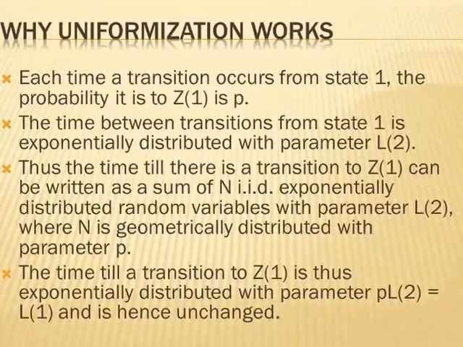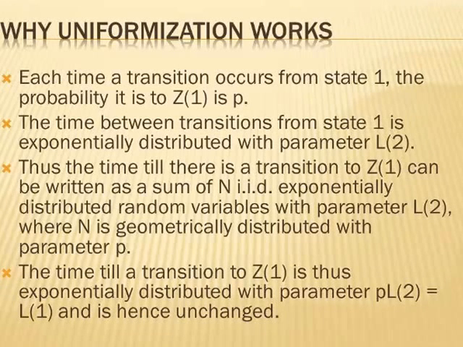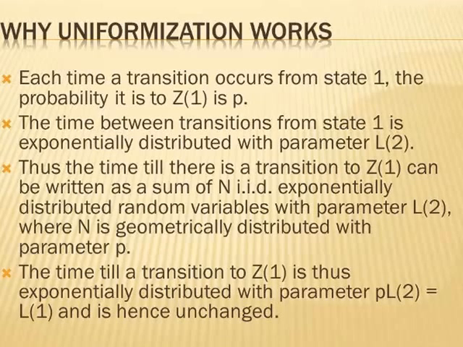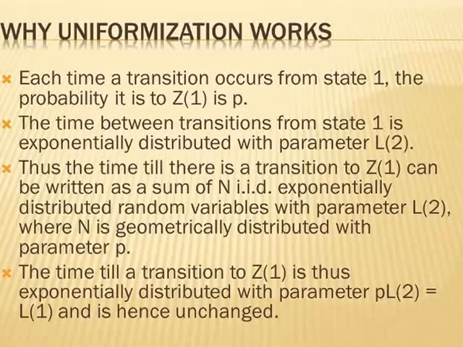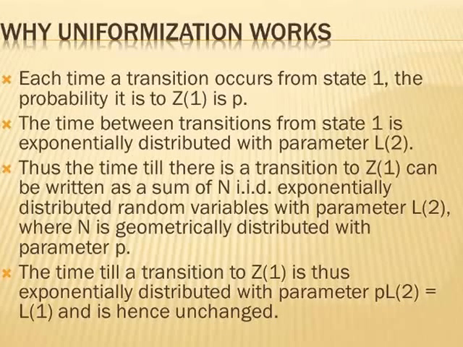Now, why does it work? Why does this give us the same process of transitions as before? By that I mean that it gives the same process of transitions to states other than 1. Because in both cases, when you go from a state to itself, I don't call this a transition. I don't call a fictitious transition a real transition. So let's see why it works.